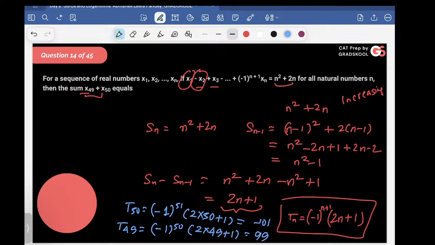So x49 plus x50 is how much? 99 minus 101, that is minus 2. That is my answer. Is that cool? Is this understood?